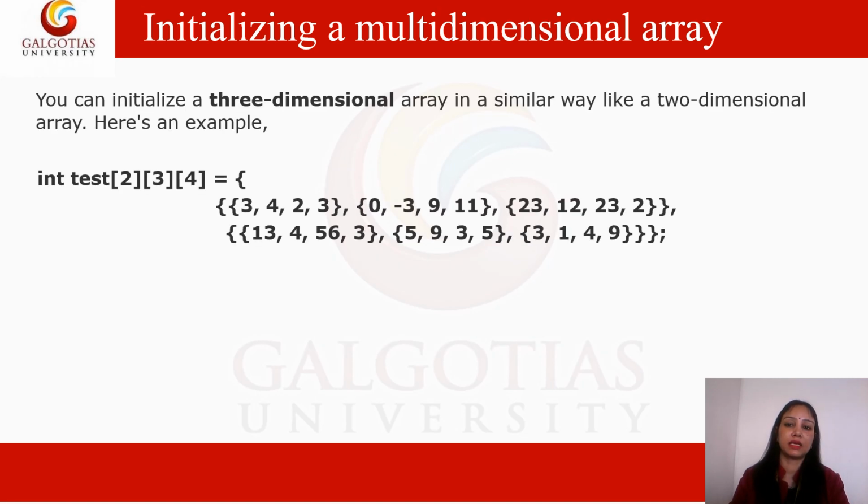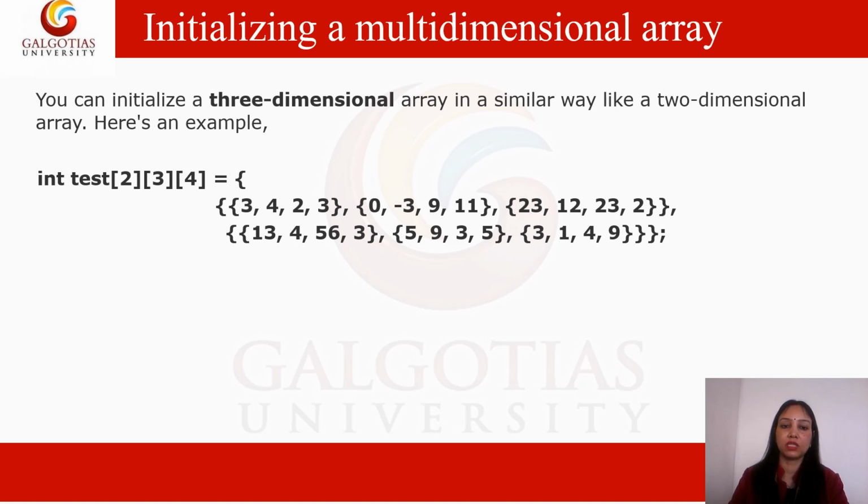Now, initializing a multidimensional array. For example, we have just learned for 2D. Now we are learning how to initialize a 3D array. For a 3D array, again it is going to be stored row by row. So here you can mention all the elements of the array. You can see that test is the name of our 3D array, and we have mentioned 2 3 4.